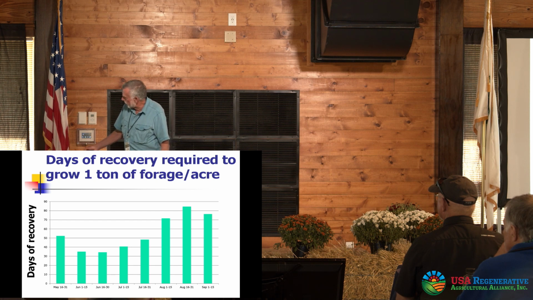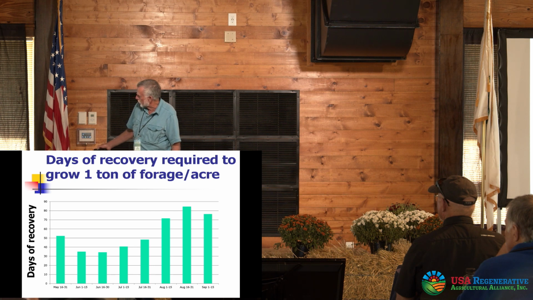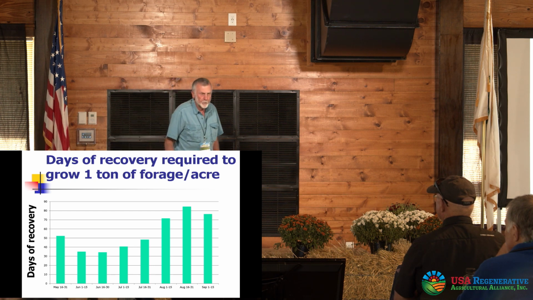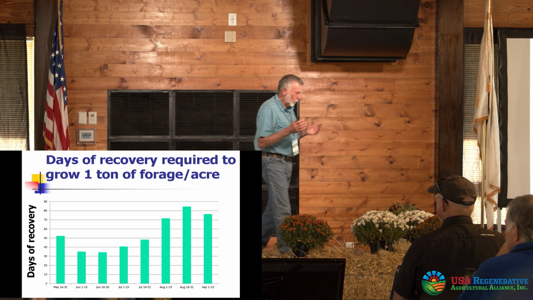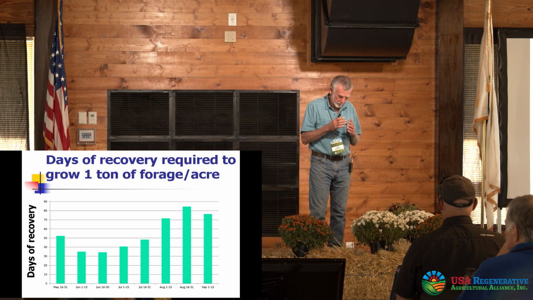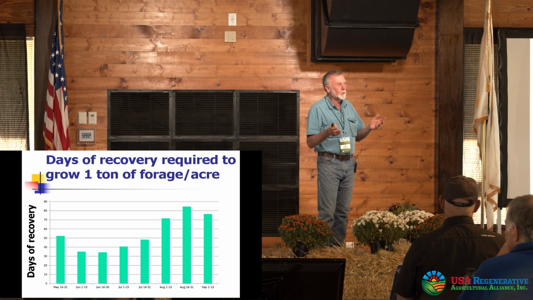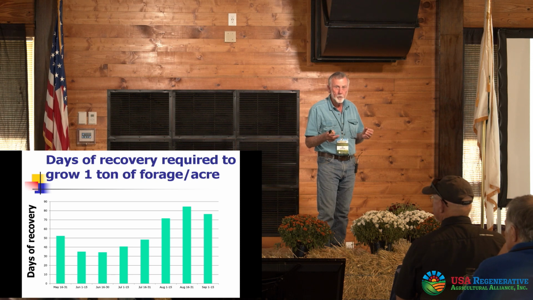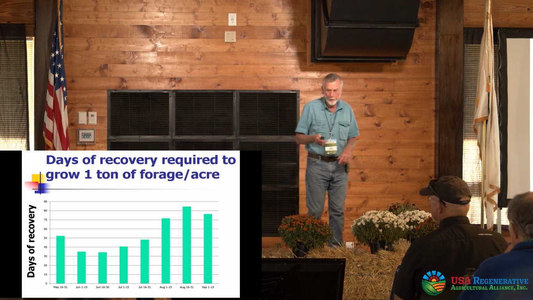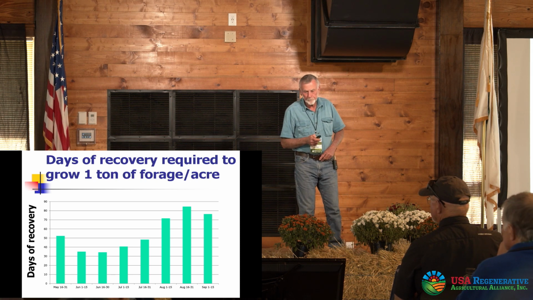But grazing in the month of June, I need about 34 days of recovery. Grazing in the first part of July, it's about 40, latter part of July, 48, and it goes on. So this gives, rather than just hoping that something is going to recover and wondering where to be, this pretty well tells you where you need to go.